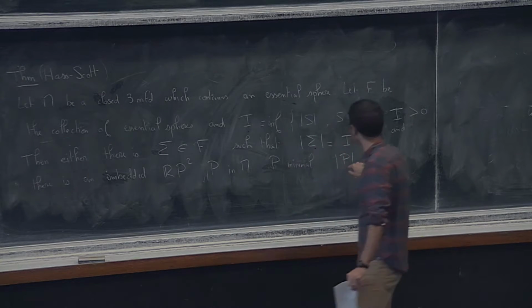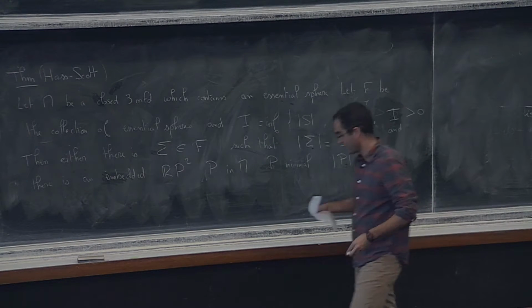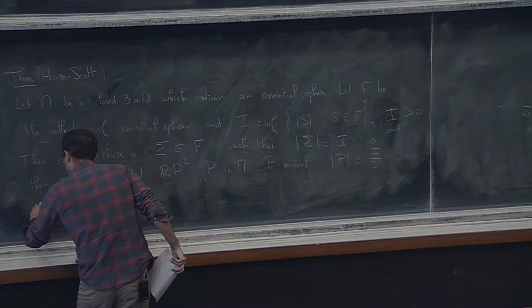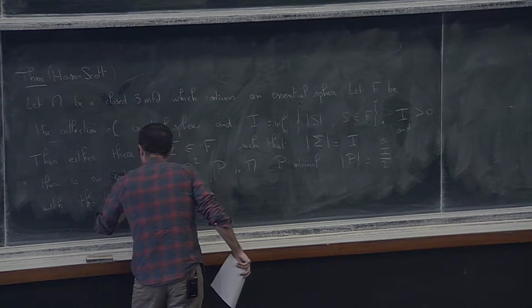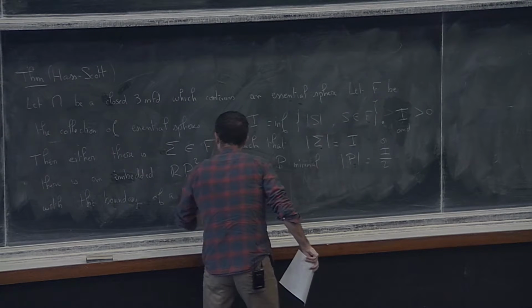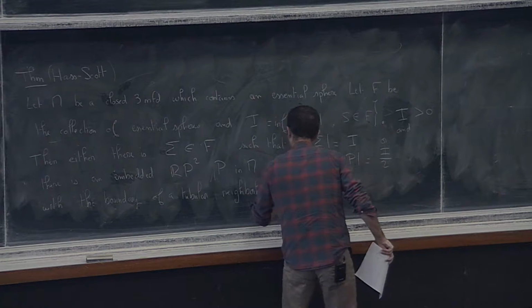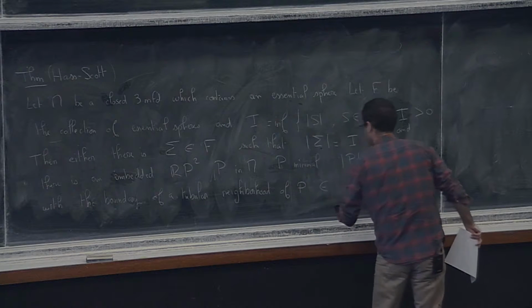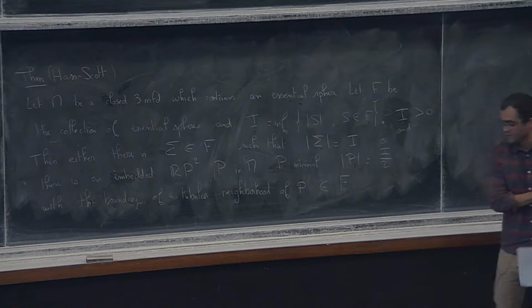And in fact, the link between this P and all the spheres that appear in F is that the boundary of a tubular neighborhood of P is inside F. So you look at the boundary of a tubular neighborhood of that P, it's a sphere, it's essential, and in fact you have exactly this.